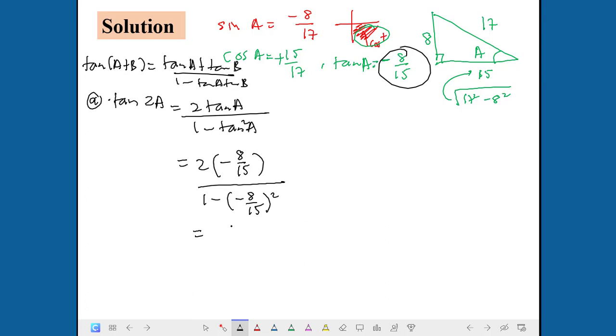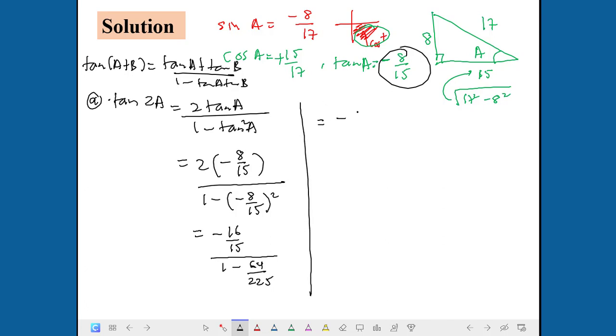The numerator is equal to negative 16 over 15. Now here, simplify: 15 squared is equal to 225, right? So 64 over 225 positive, 1 minus 64 over 225.